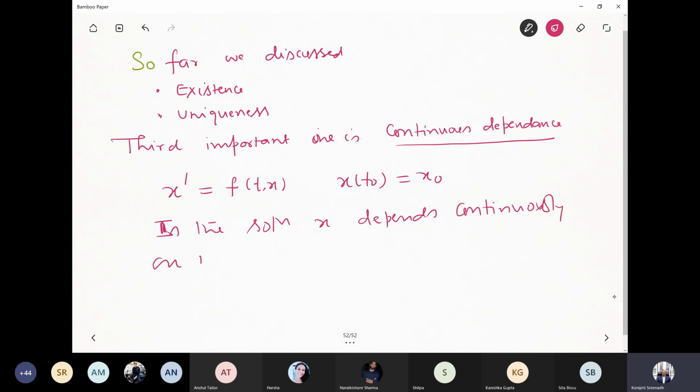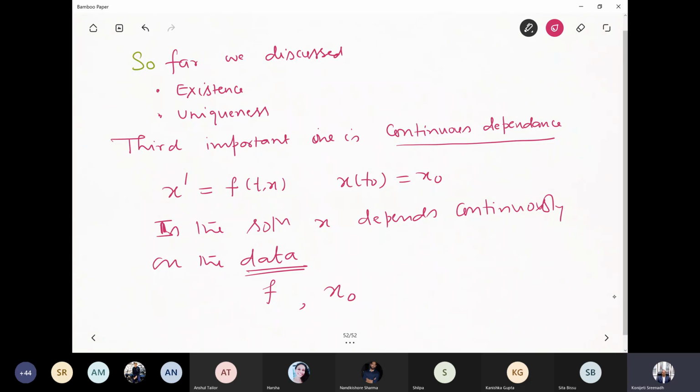on the data. So what are the data here? The data here is f, which is given to us, and also x naught. What that means is that I want the solution x to be a continuous function.